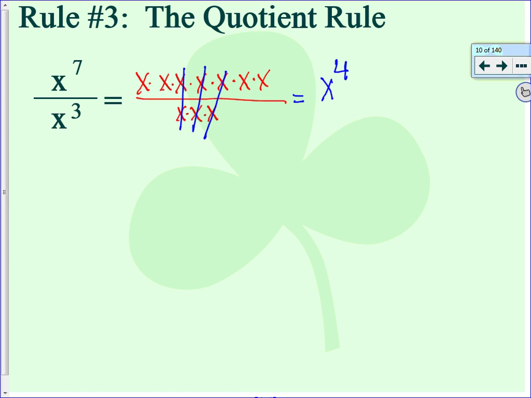So to divide, you subtract the exponents. So we'll subtract the exponents, and then you don't have to write it out. You don't have to expand it. But you can see if you do expand it, how 3 of those cancel out, and you're left with x to the 4th on top.